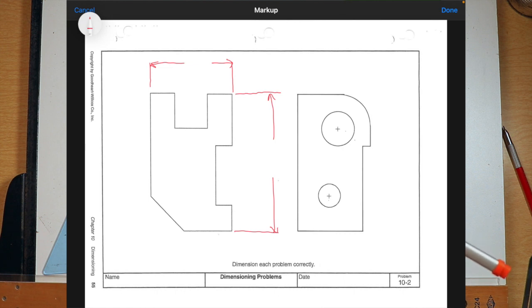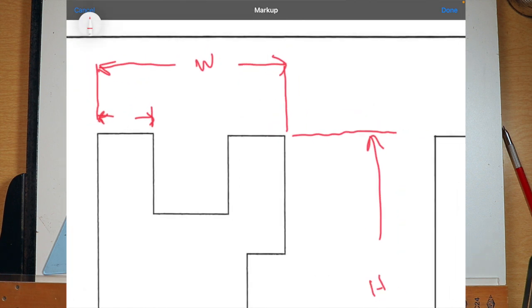All right, I don't need to measure it yet. I'm just going to throw in the actual dimension lines, and I'll just call this width and height for now. This is just a brainstorm. Now that I have my overall, I'm just going to work my way left to right to figure out what all I need. So I'm going to need that width.